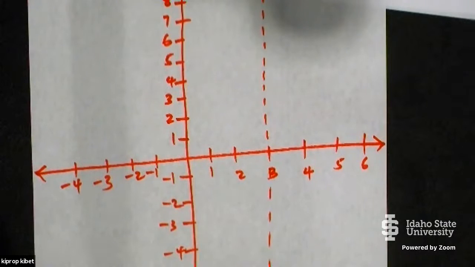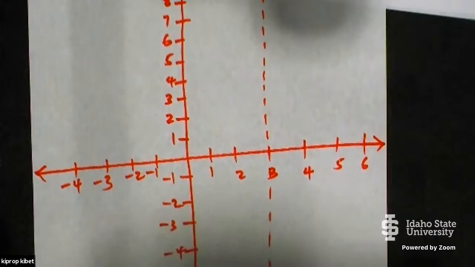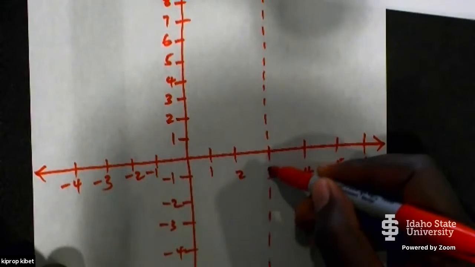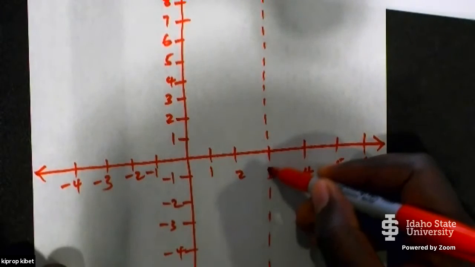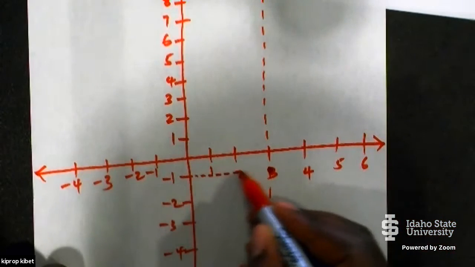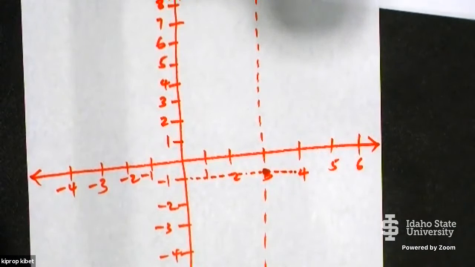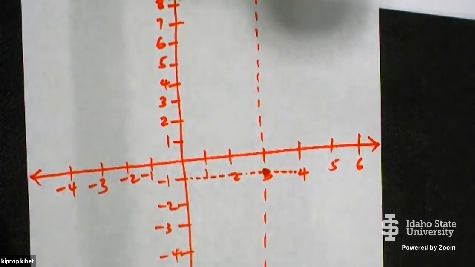So 3 and then minus 1. It's over here. And we said this one is facing what? Up, right?